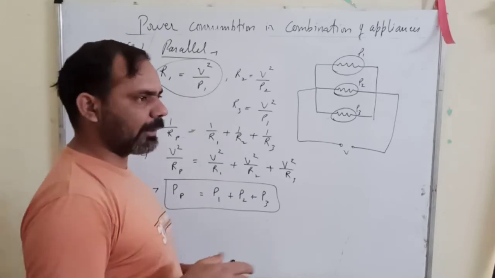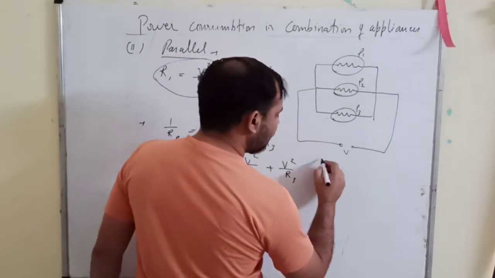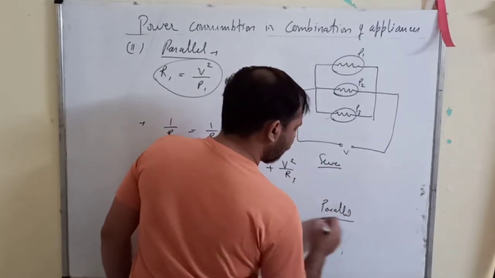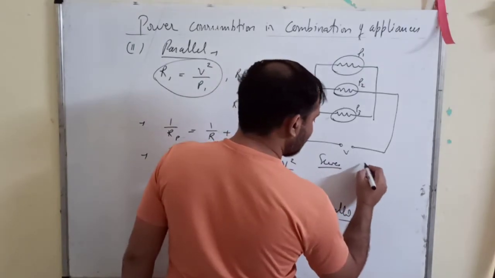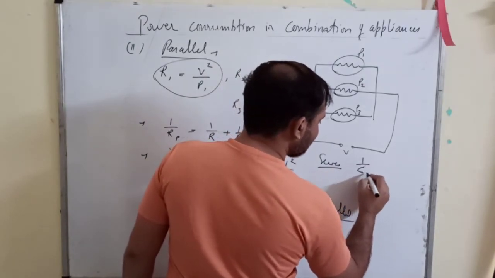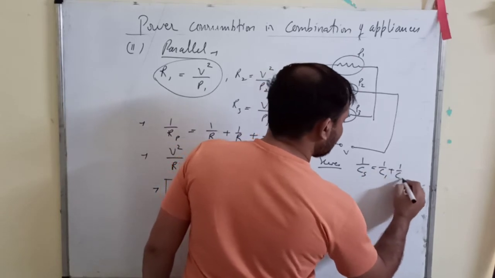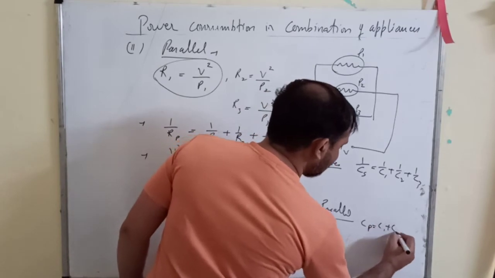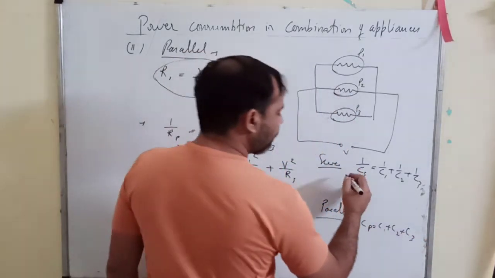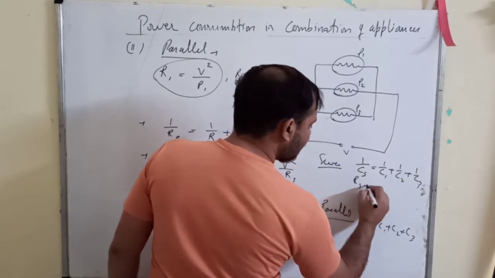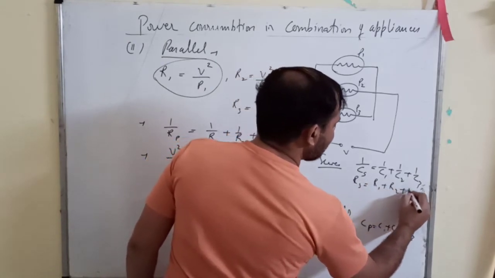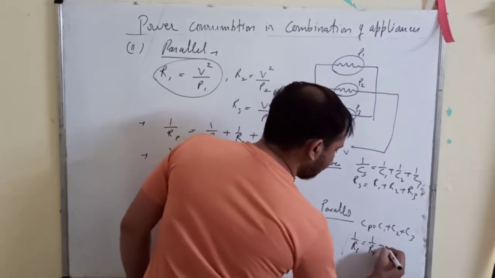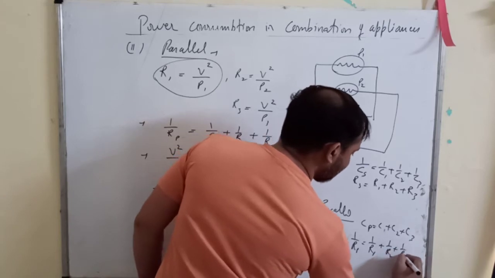Now once again I would like to repeat a few things in series and in parallel. In case of capacitance it was 1 upon Cs equals 1 upon C1 plus 1 upon C2 plus 1 upon C3. In parallel, Cp is equal to C1 plus C2 plus C3. In case of resistance, Rs is equal to R1 plus R2 plus R3 and 1 upon Rp is equal to 1 upon R1 plus 1 upon R2 plus 1 upon R3.